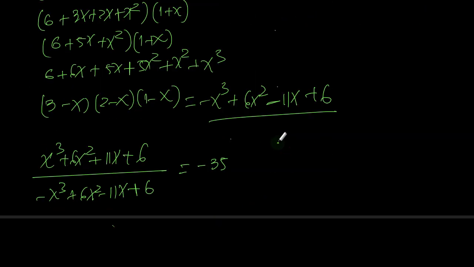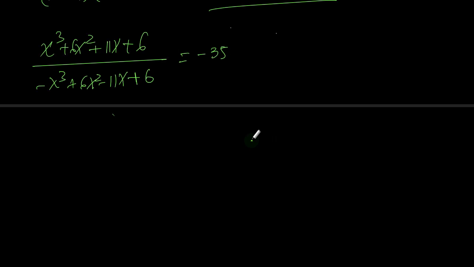So now we're going to have the first one, which is a, plus 6x squared plus 11x plus 6, and then we're going to add the denominator. Let me change the color. We're going to have plus, and then minus x cubed plus 6x squared, minus 11x, and then plus 6.